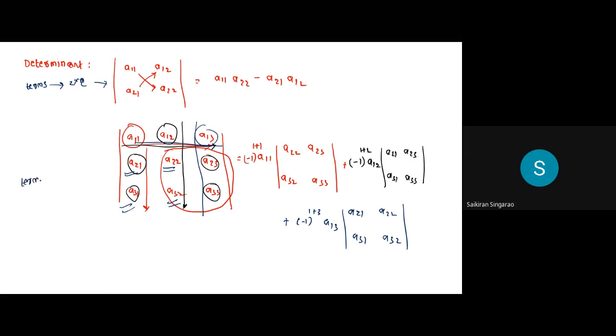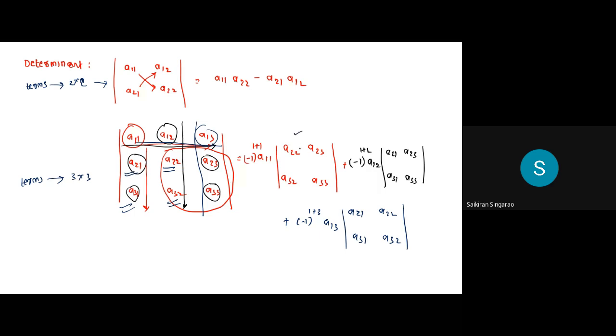How many terms will come if you expand a 3 cross 3 determinant? How many 2 cross 2 determinants are there? 3 2 cross 2 determinants are there, right?